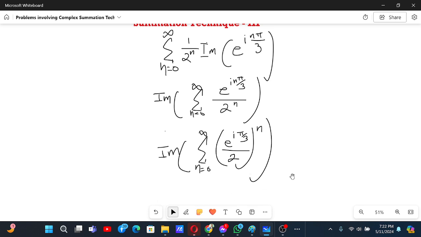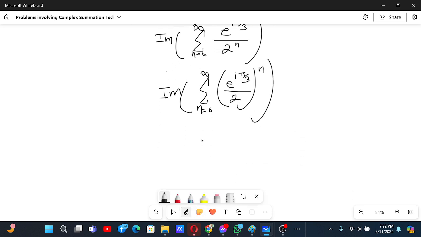Now use the infinite geometric series formula, which is just a by 1 minus r. The a, the first term, is just 1, by 1 minus r, where r is e to the power i pi by 3, by 2.